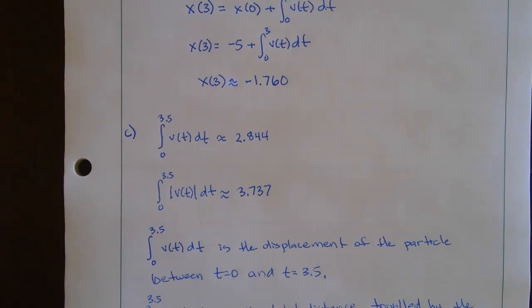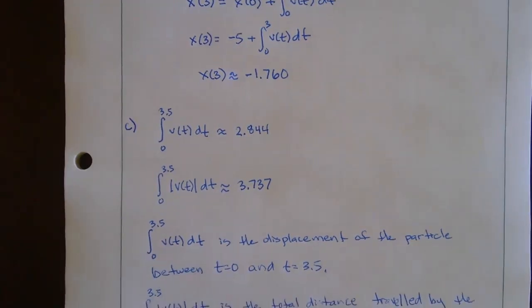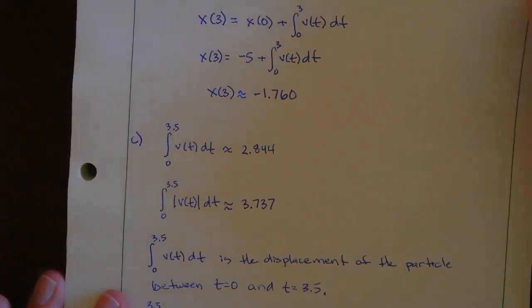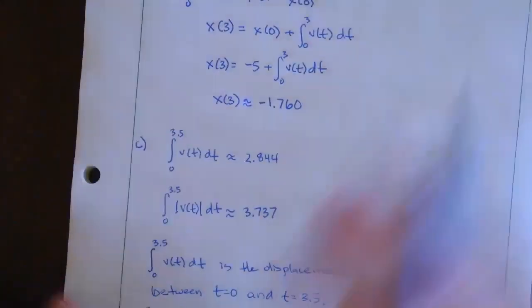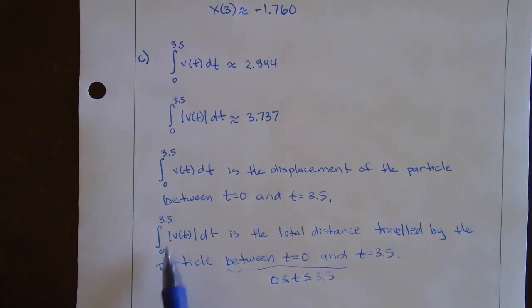Now you could write this between statement in this one and the previous one as an inequality: 0 less than or equal to t less than or equal to 3.5. That's between 0 and 3.5 still. I just realized you didn't see this, so let me take this off my pad. Sorry. So the integral from 0 to 3.5 of the absolute value of v of t dt is the total distance traveled by the particle between t equals 0 and t equals 3.5.